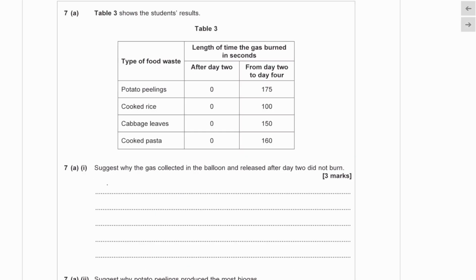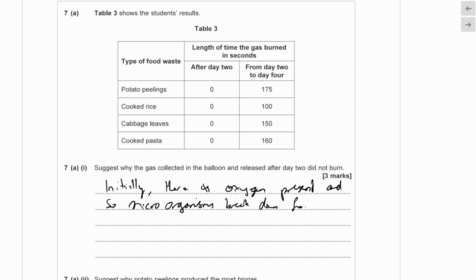So what I'm going to say is that initially there is oxygen present, and so microorganisms break down food waste via aerobic respiration. Alright, now what's the product of aerobic respiration? Well, you should know that glucose plus oxygen is going to cause the release of carbon dioxide and water. Alright, so the important thing there is that the gas releases carbon dioxide.